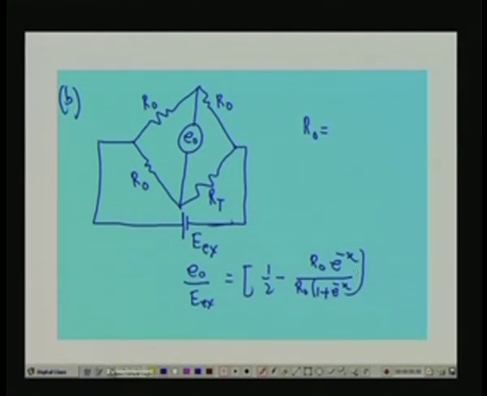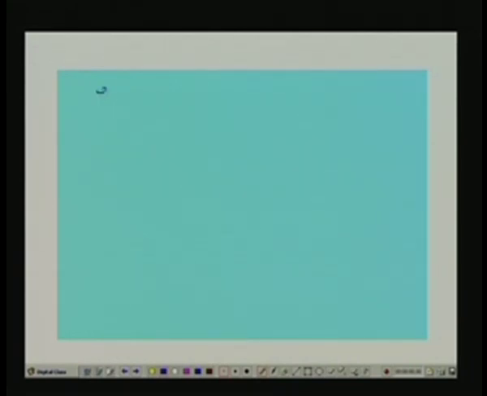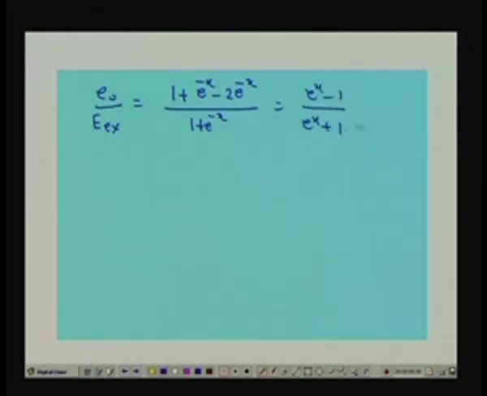If I take a blank page, E naught by E x equal to 1 plus e to the power minus x minus 2 e to the power minus x upon 1 plus e to the power minus x. So, this will give you e to the power x minus 1 and e to the power x plus 1, is not it? Because this is e to the minus x.